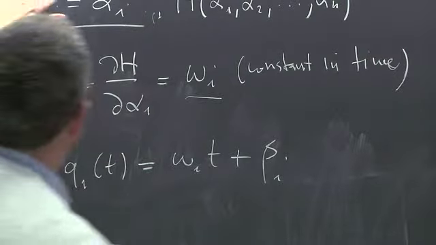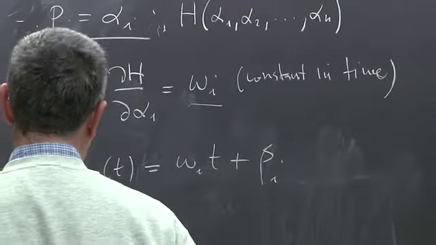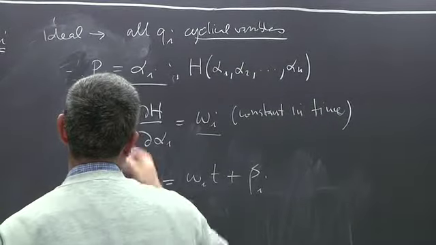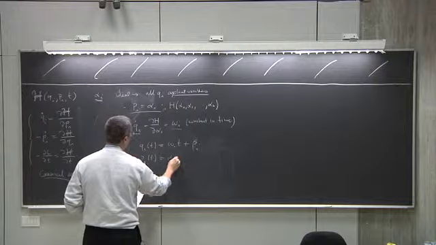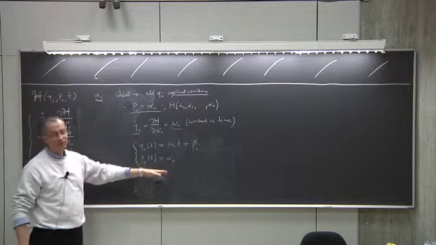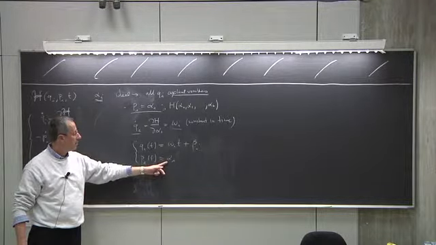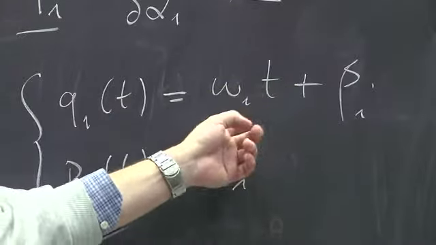If this is the situation, I call it ideal, because immediately you can integrate: pi of t is a constant. So those are your trajectories in phase space. The p stays whatever is the initial value, alpha, and the Qi's are just a linear function of time with these two constants.